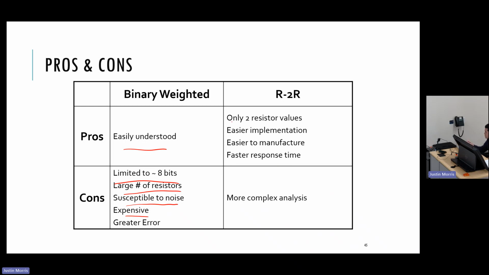But the R2R, just 2 resistor values, easier implementation, easier to manufacture, and it's faster. The only problem is it has this more complex analysis, but we only need to do this analysis once. And once we understand how it scales, we don't need to reanalyze like the 64-bit version, right?